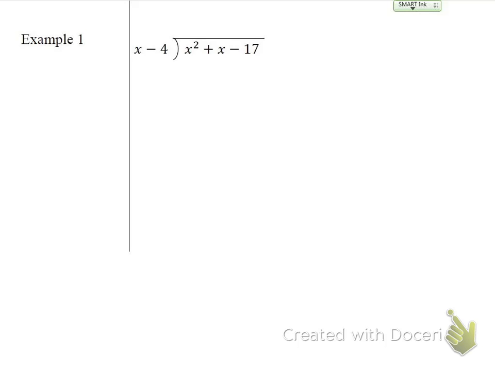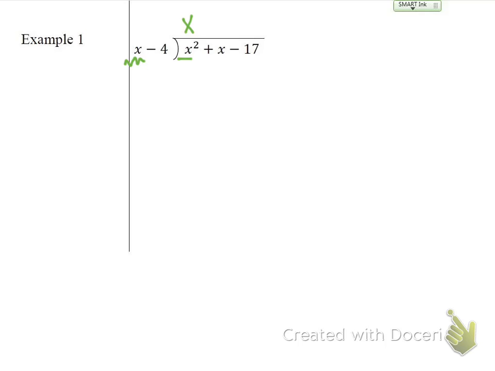So our first step here is to divide the first term on the inside, so that x squared, by the first term on the outside. You're always just concerned about the first term. The way that I think about this is how many times does x go into x squared? Or what do I multiply x by to make it an x squared? X. So you're going to write x on the top.